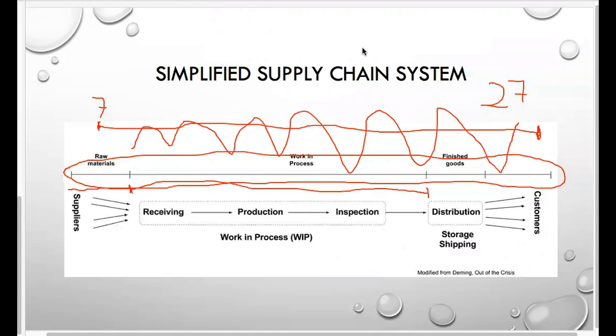Once again, it's very difficult to get everyone to agree to this within a supply chain because, as I mentioned earlier, multiple organizations find it very hard to agree and share information and work as a team.